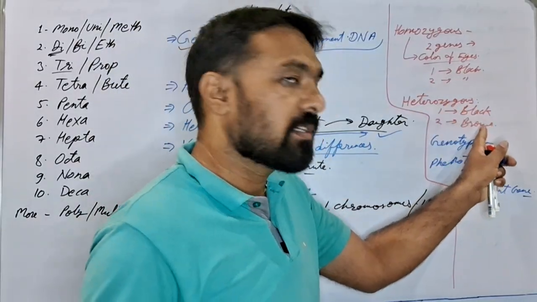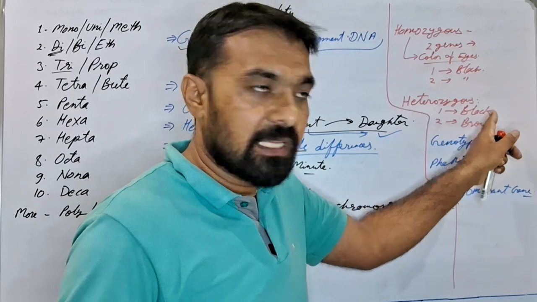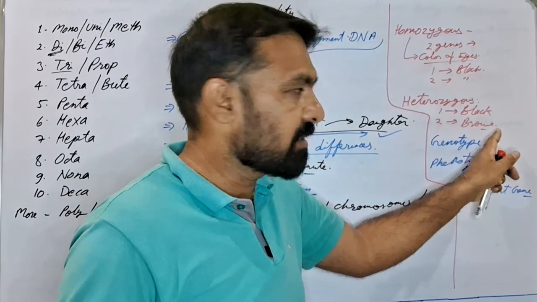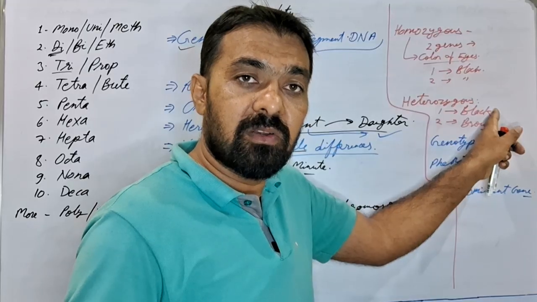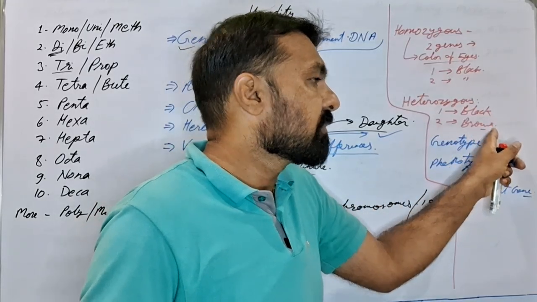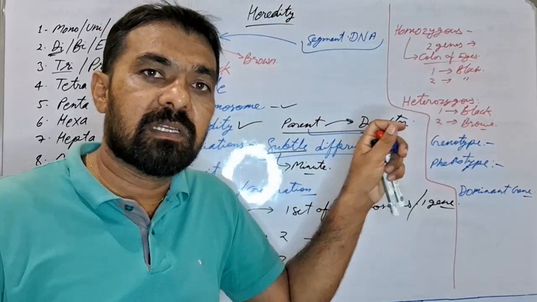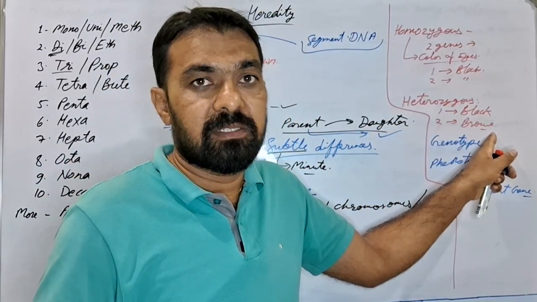If heterozygous condition is there, then one gene is able to express itself while the other could not, such as the gene which expresses that the color of eyes will be black, it will express itself, but the gene which represents that the color of eyes will be brown, that would be suppressed.